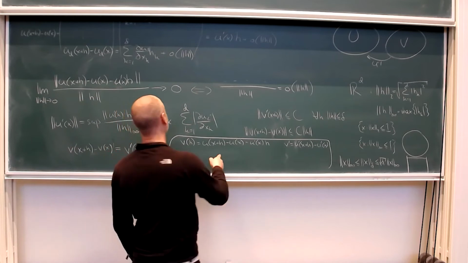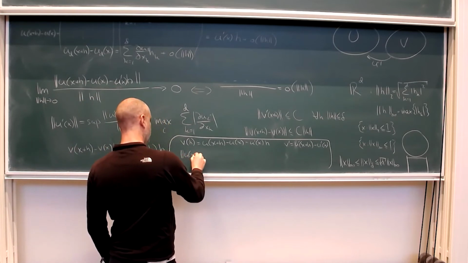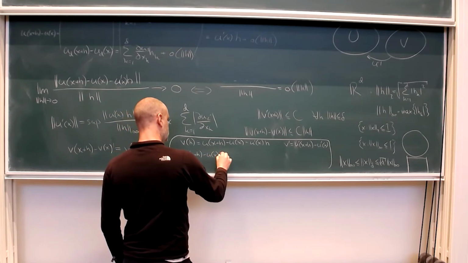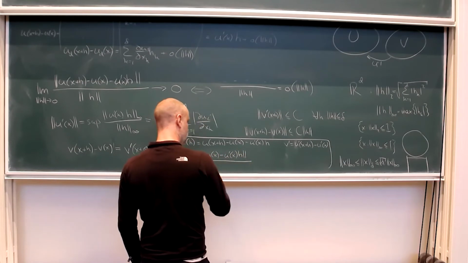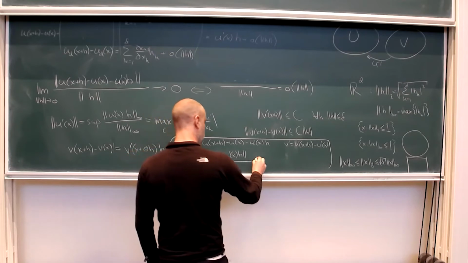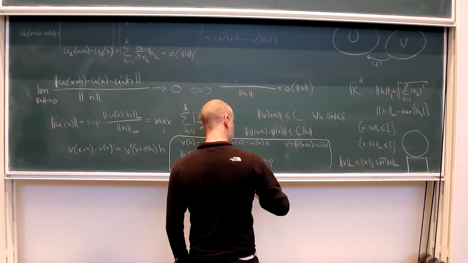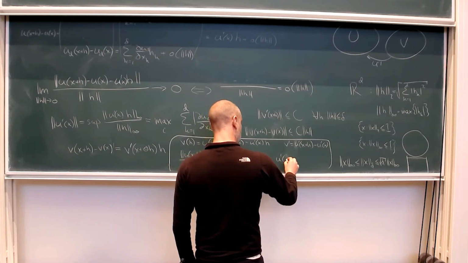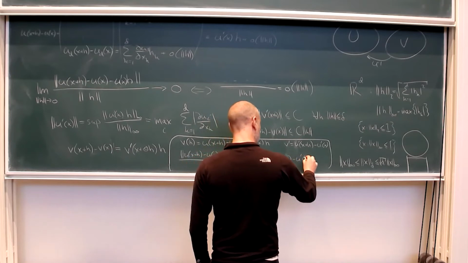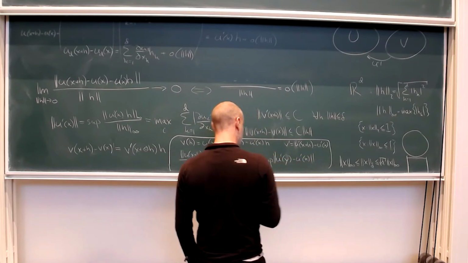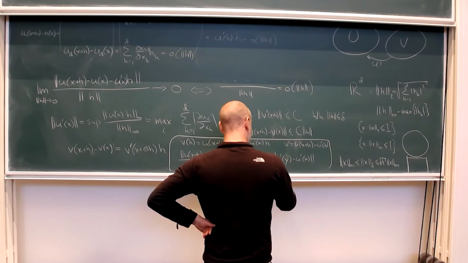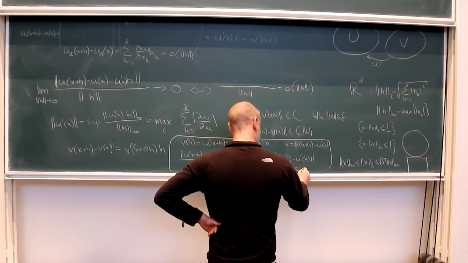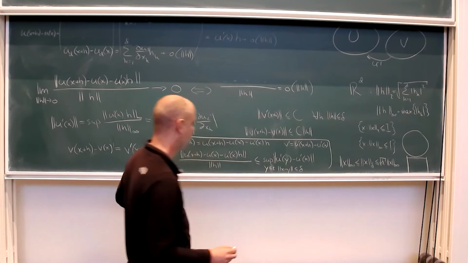So now I get the formula that the norm of u of x plus h minus u of x minus u prime of x times h, divided by the norm of h, is less than or equal to the supremum of u prime of y minus u prime of x in the operator norm, or this norm here, for all y's such that the norm of x minus y is less than delta.